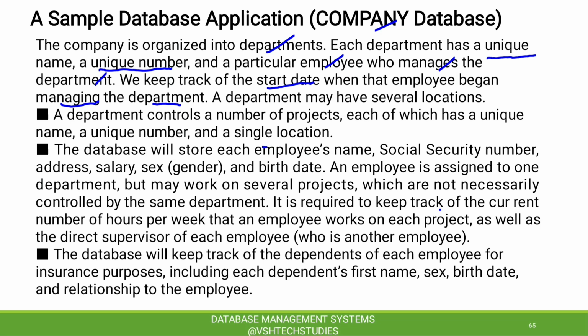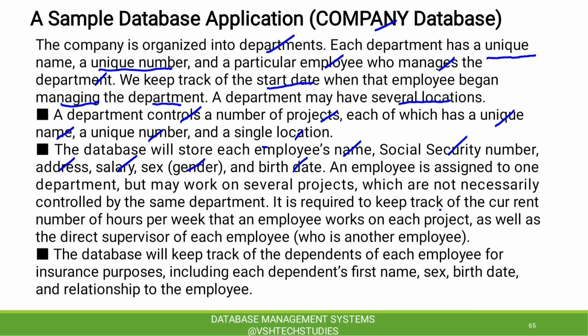A department has several locations. A department controls a number of projects, each of which has a unique name, unique number, and a single location. The database will store each employee's name, social security number, address, salary, gender, and birth date.